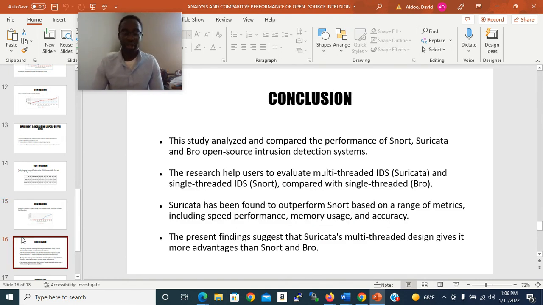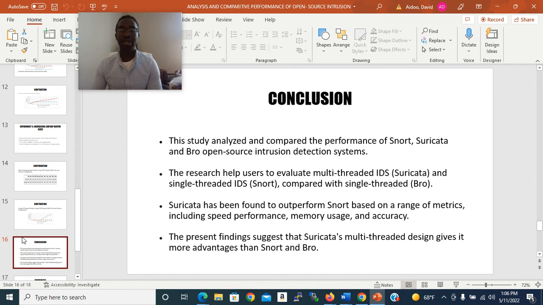So in conclusion, my work analyzed and compared the performance of three commonly used IDSs, which are Snort, Suricata, and Bro. These IDSs are used for their accuracy in catching harmful and malicious traffic in our networks. As we know, cyber attacks continue and will not stop. It's left for users to develop ways of preventing or fighting against these attacks.